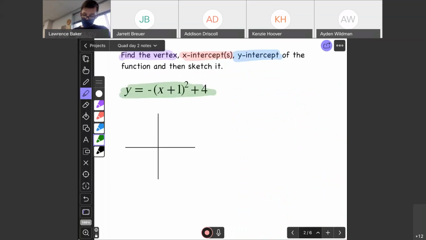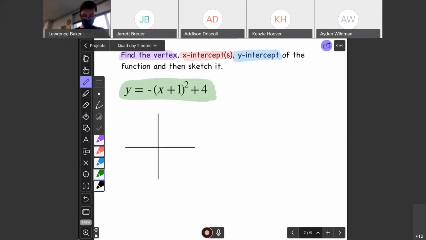What form of the quadratic equation is this? Vertex form? It is vertex form, right, Keon? Aiden, I think it was you. So that means you should be able to tell me the vertex.